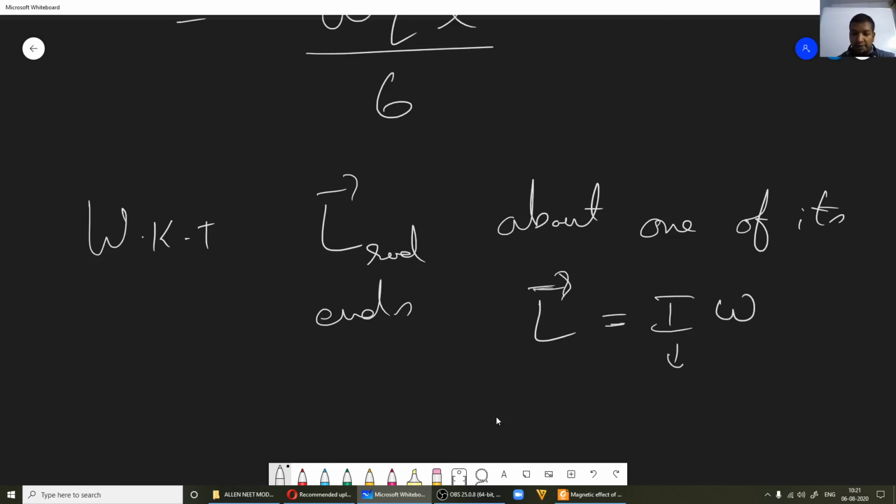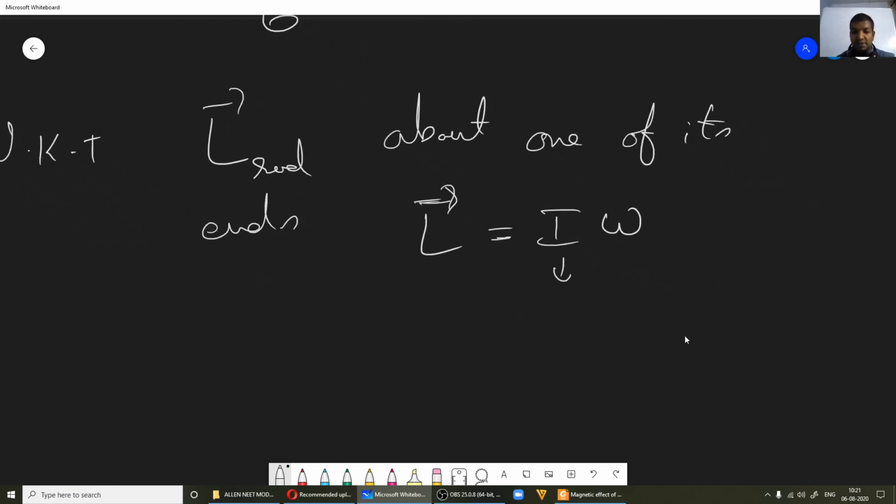So I is moment of inertia of the rod about one of its ends. That's all. So L will be, let us take magnitude wise, M r, where M r is mass of the rod, L square divided by 3 into omega. Okay. Now let us take the ratio.